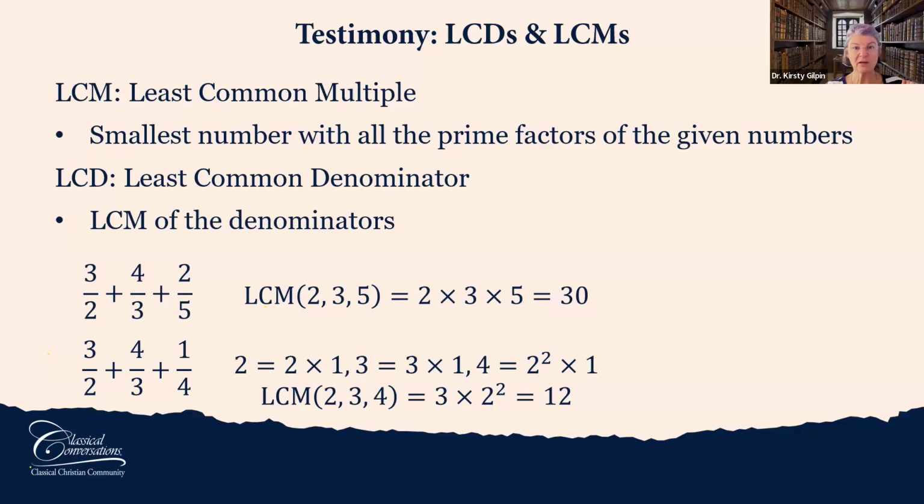I don't need the 2 as well because that 2 is captured in that 2 squared. And then I need my 3. So I end up with 3 times 2 squared, which is 12.